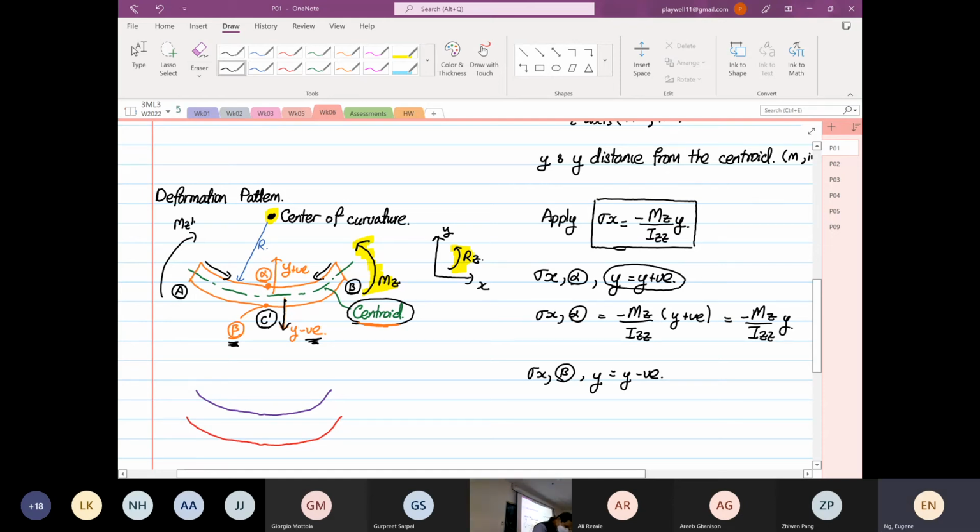When we substitute to find stress x beta, this will be equal to still minus Mz over Izz, and this will be y negative. So negative multiplied by negative will be positive.